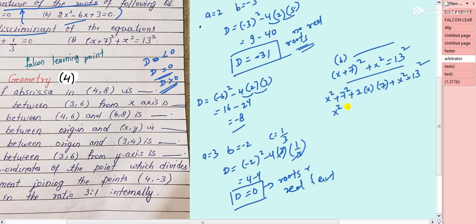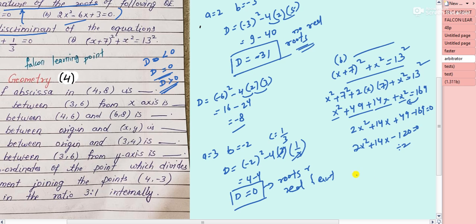So now solve this. So x square plus 49 plus 14x plus x square is equal to 169. So x square is 2x square, plus 14x, plus 49, bring this to LHS, minus 169 equals to 0. So 2x square plus 14x minus 120 equals to 0.